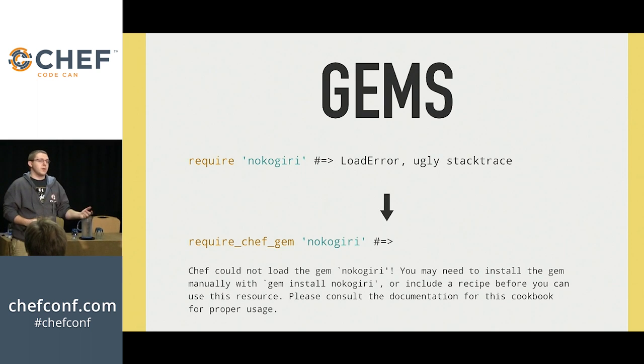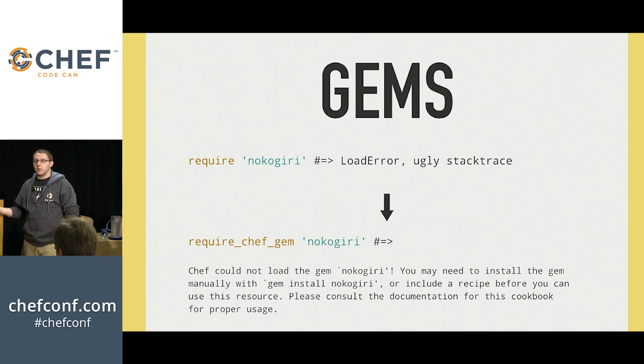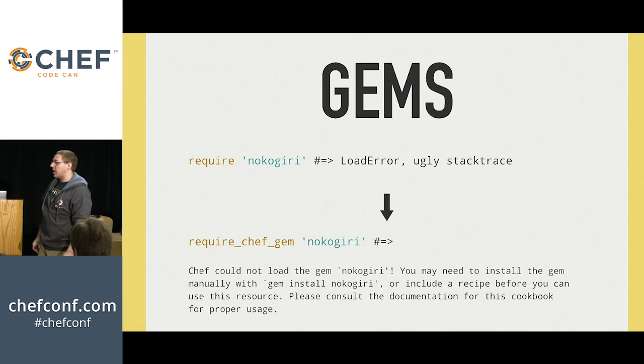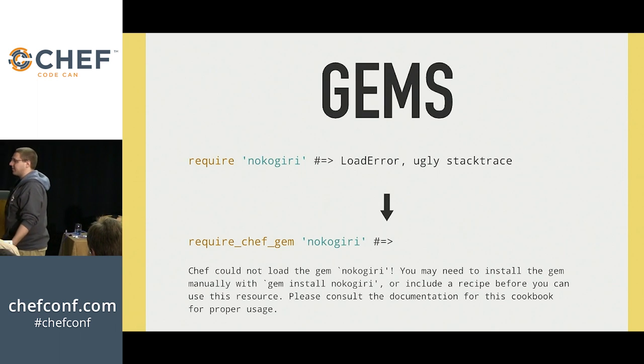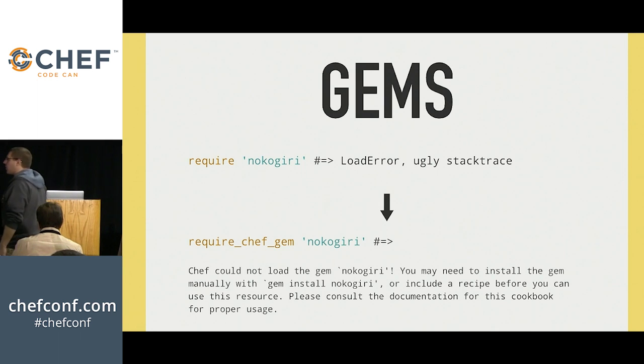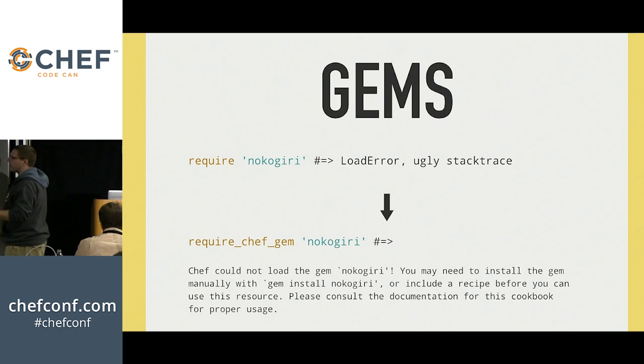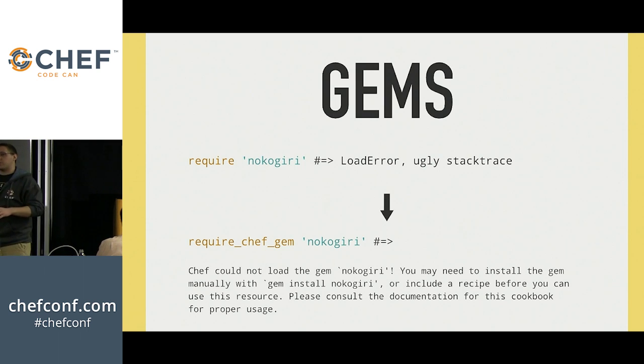You could very easily replicate this on your own. In fact, I was doing a simple thing like this in cookbooks, but require_chef_gem is just a lot nicer. It's worth noting that require_chef_gem has nothing to do with the chef_gem resource that's part of core Chef, so don't confuse them. This is just an extension on the Kernel module.